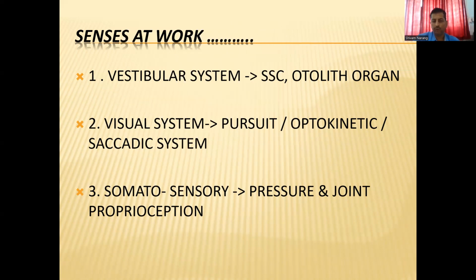They include the perceived movements, optokinetic movements, and saccadic movements. The third is the somatosensory system, which includes pressure and joint proprioception. So these three, vestibular, visual, and somatosensory systems, send signals to the brain.